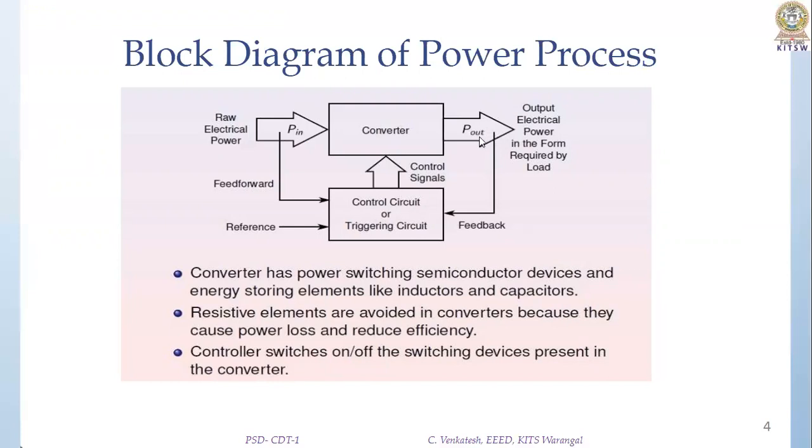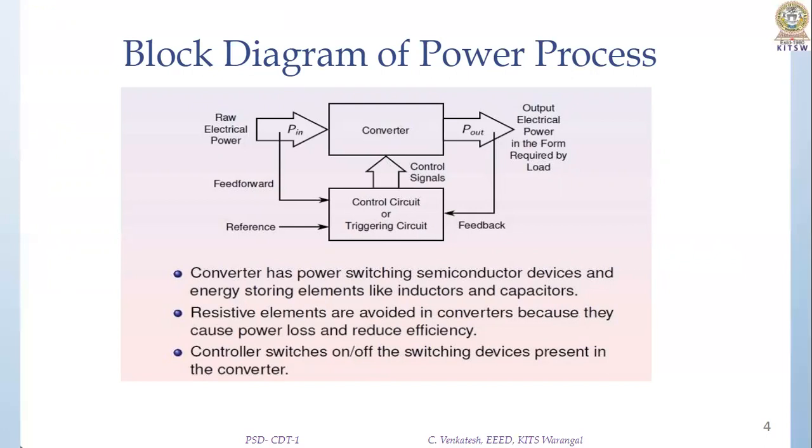Whatever the values of output power or voltage required, that is obtained by using this converter. That is possible by monitoring the actual output power, taking the input power, and then giving the reference. You generate the control signals for the gate terminals or base terminals and operate the converters. Our objective of analysis in the power electronics course was limited to how to vary the output power and output voltage.